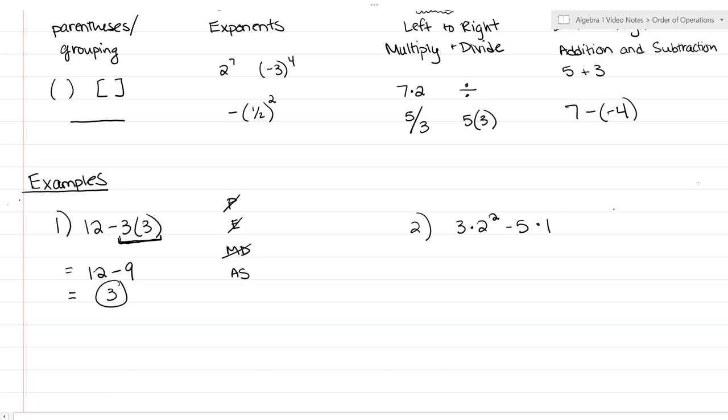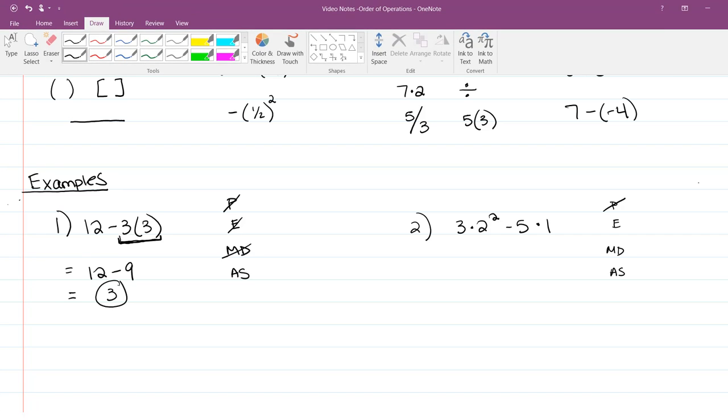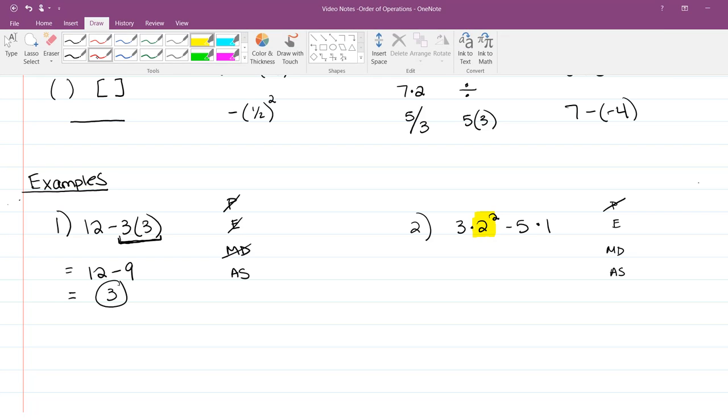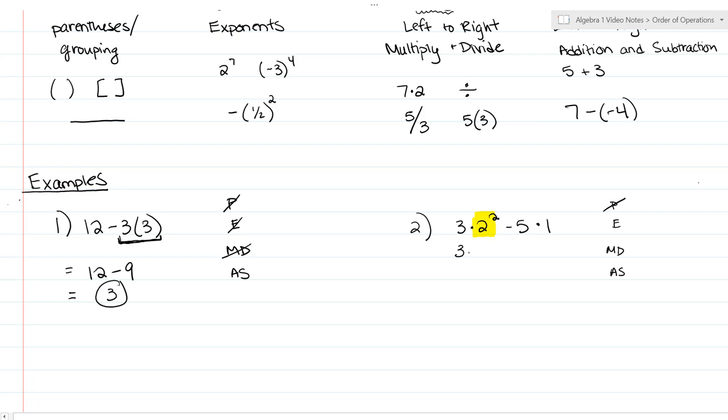In example 2, again, I'm just going to write PEMDAS over to the side here. All right, I see no parentheses or other type of groupings. I do see an exponent, that 2 to the 2nd power. So I'm going to start by evaluating that. So 2 squared is 4, then minus 5 times 1.